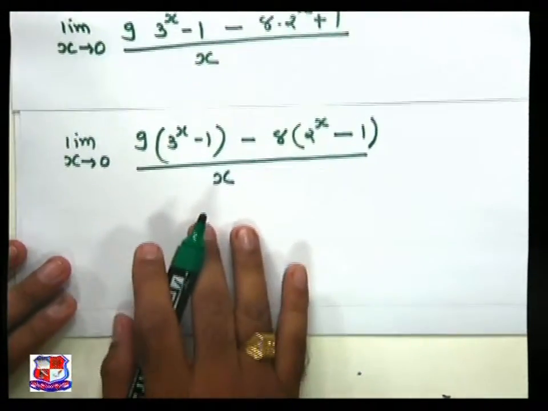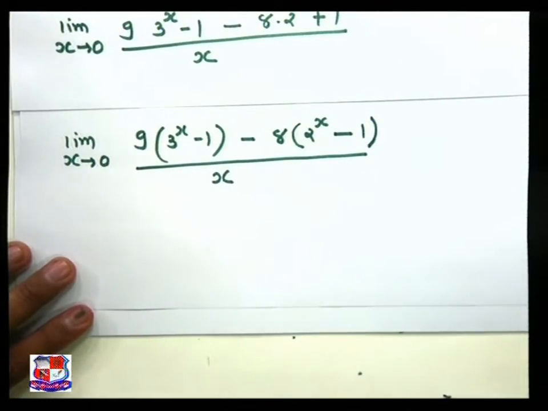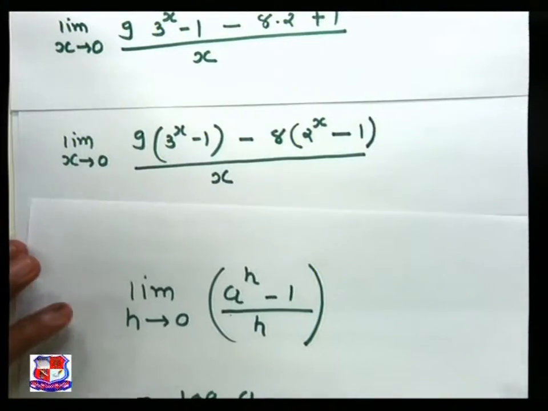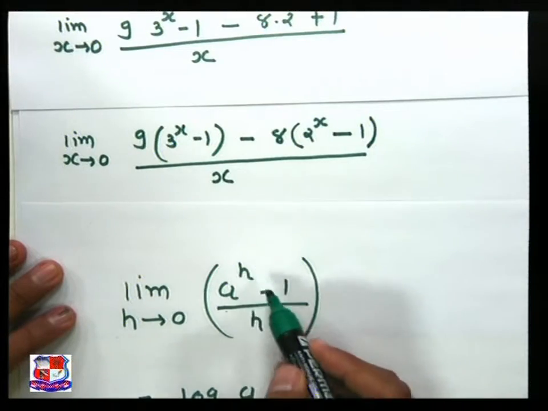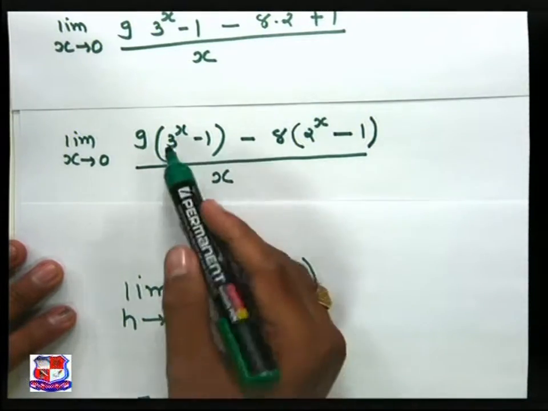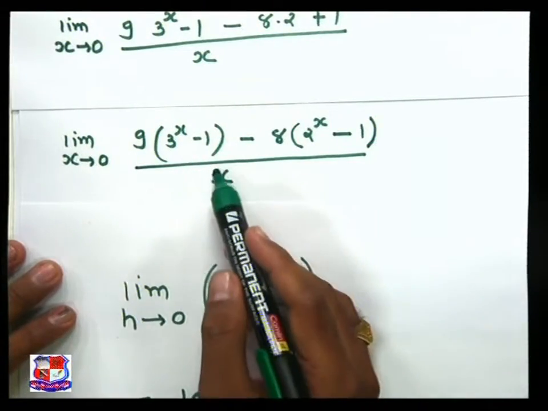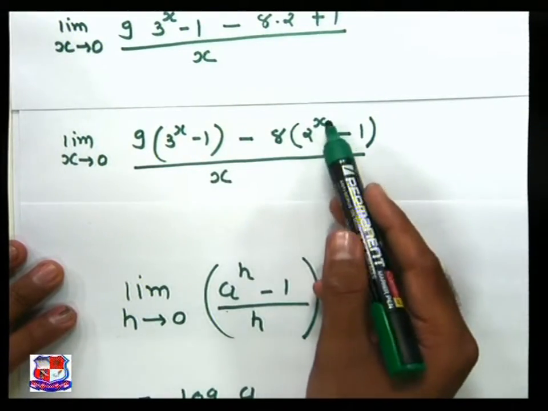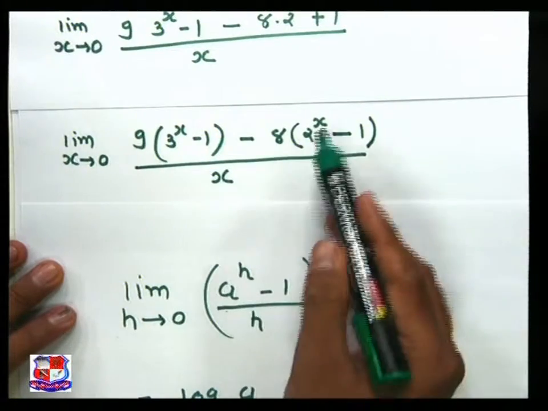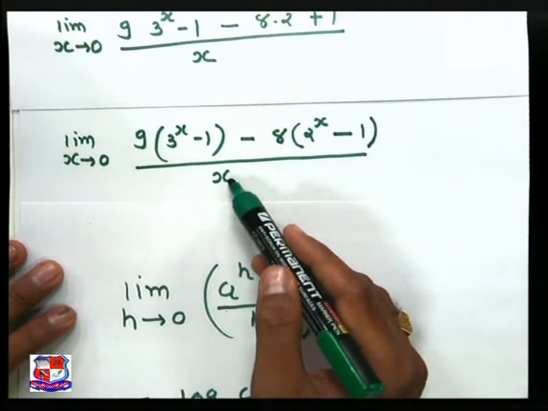Now again we compare our sum with a raised to h minus 1 divided by h: here 3 raised to x minus 1 divided by x, same way here 2 raised to x minus 1 divided by x.